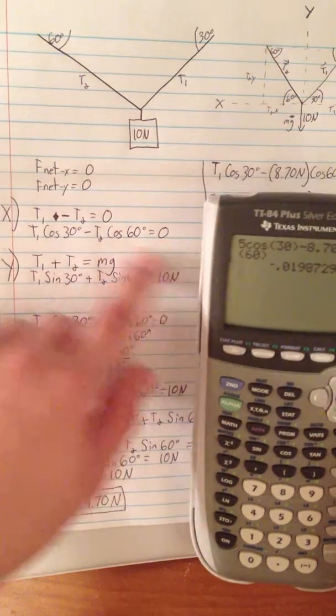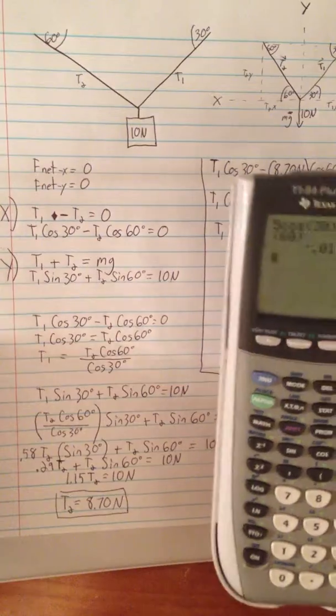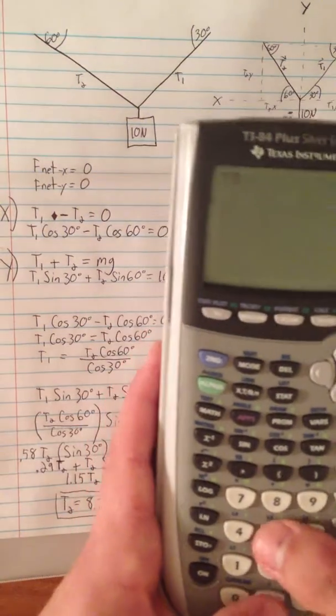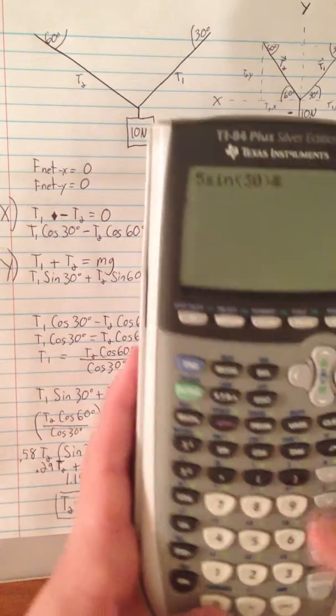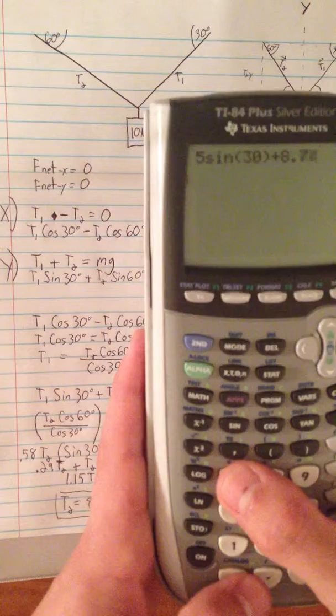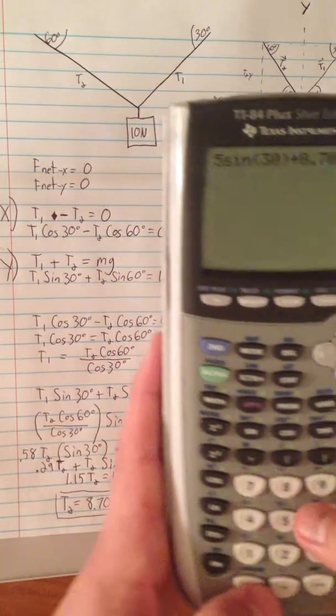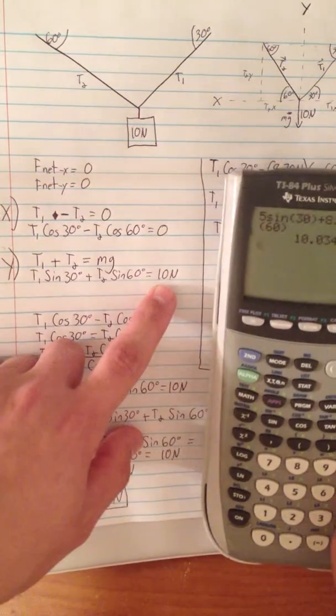It's so close. This is just a rounding problem. And you can do the same thing with the y. You can do 5 times the sine of 30 plus 8.70 sine of 60, and you're going to get basically 10.